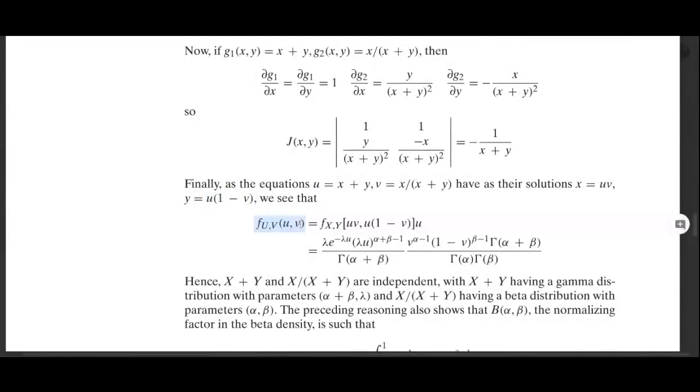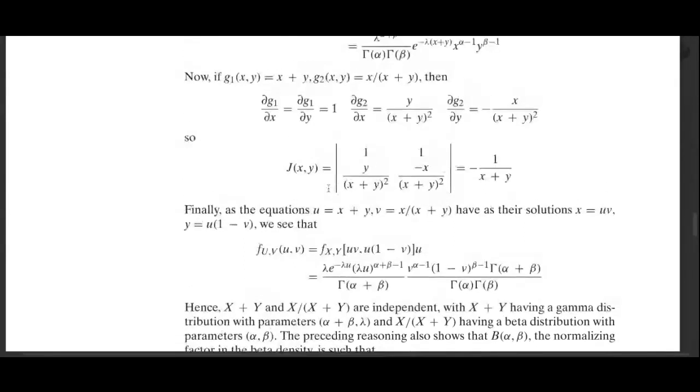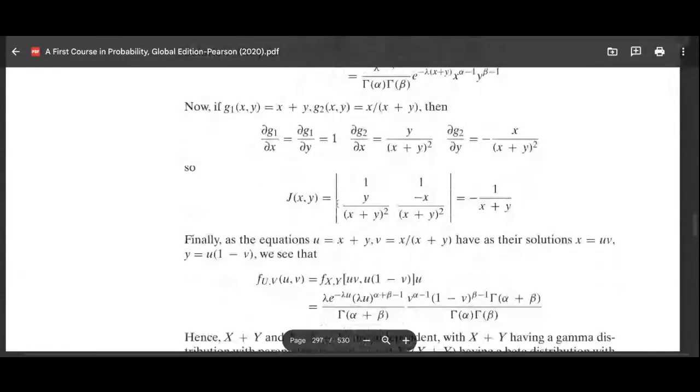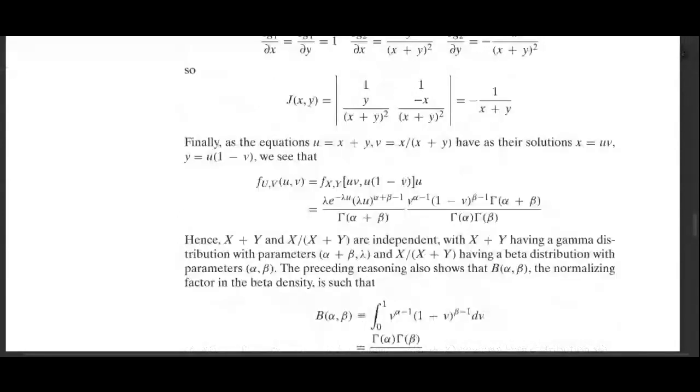So the joint density function on the uv plane will be f of xy, the joint density function on xy, but with the variables x is uv, y is u times 1 minus v, right? If we substitute into this, so x is uv, y is u times 1 minus v, just plug in.